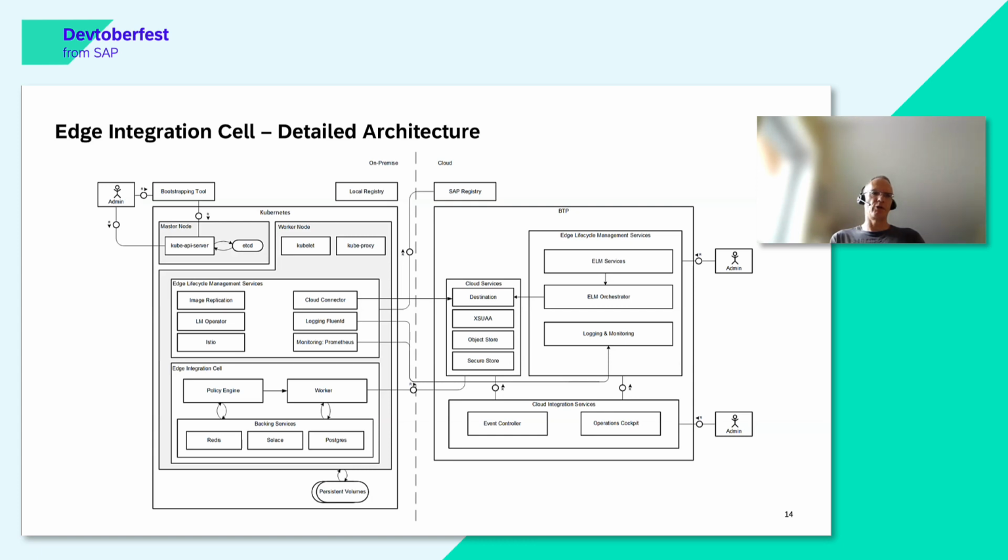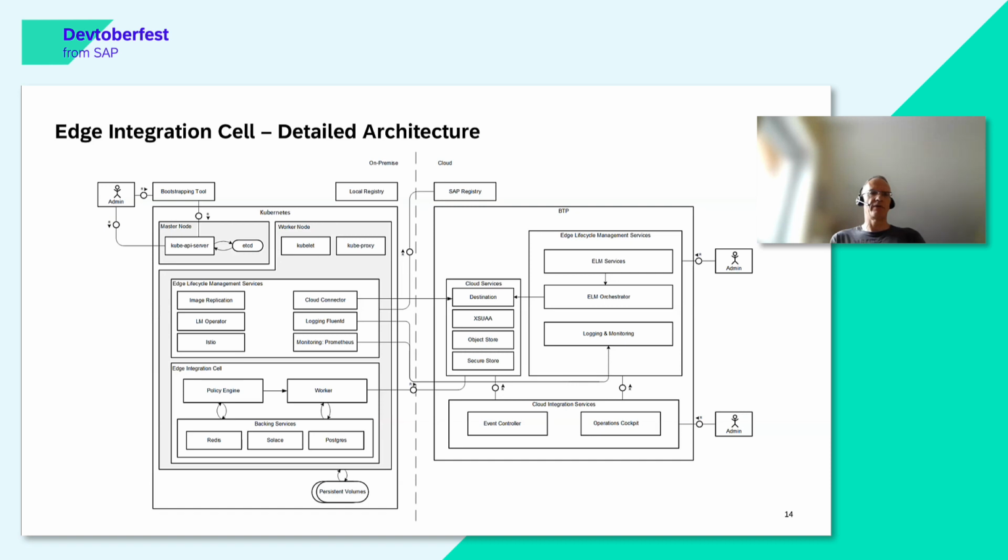On the left side, on the lower part, we have the edge integration cell solution with components which are more for the runtime execution, like policy engine worker. We have certain backing services in the stack, which are more like database data store. So we use a Postgres database for storing runtime data or monitoring data.